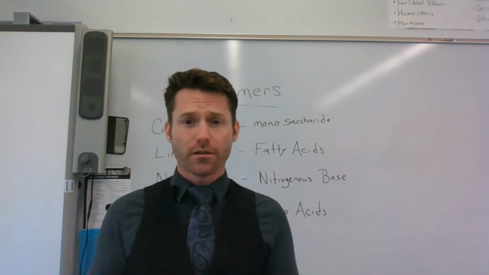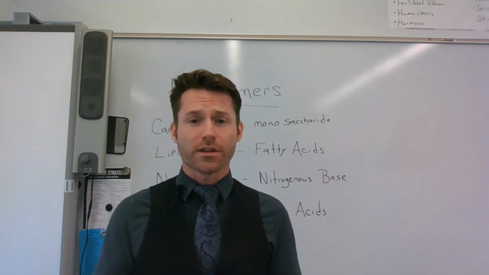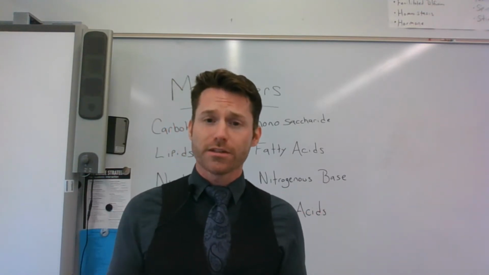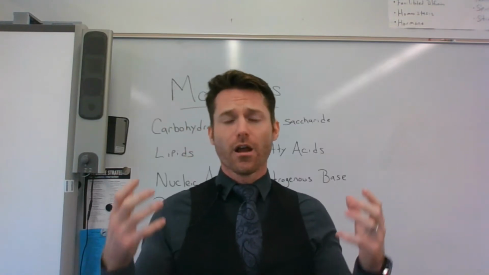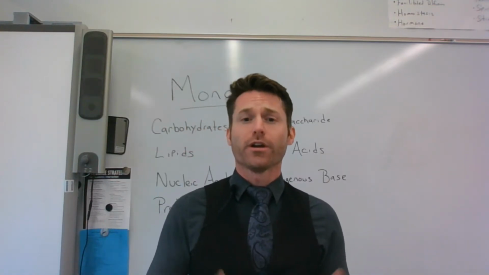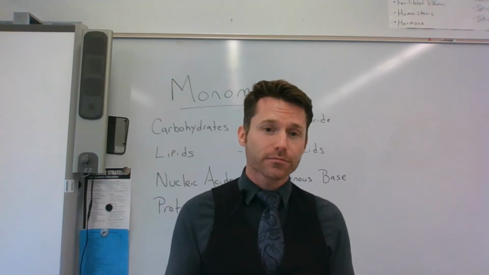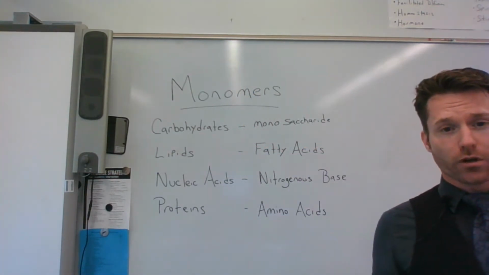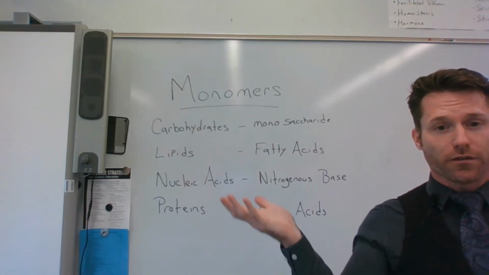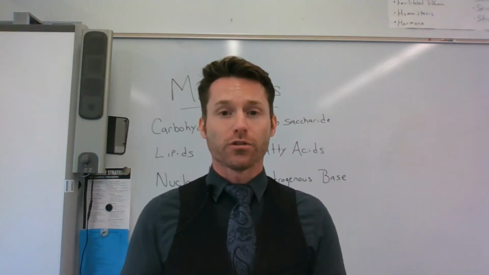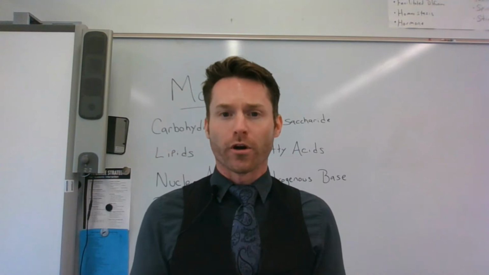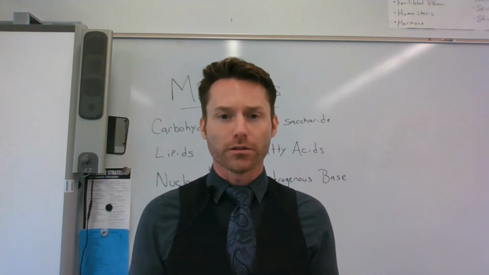For lipids, the monomer is a fatty acid. For nucleic acids, the monomer is a nitrogenous base. And for proteins, the monomers are amino acids. So today, we're going to look at the structures of these monomers and how they come together to create the larger polymer that is the macromolecule.